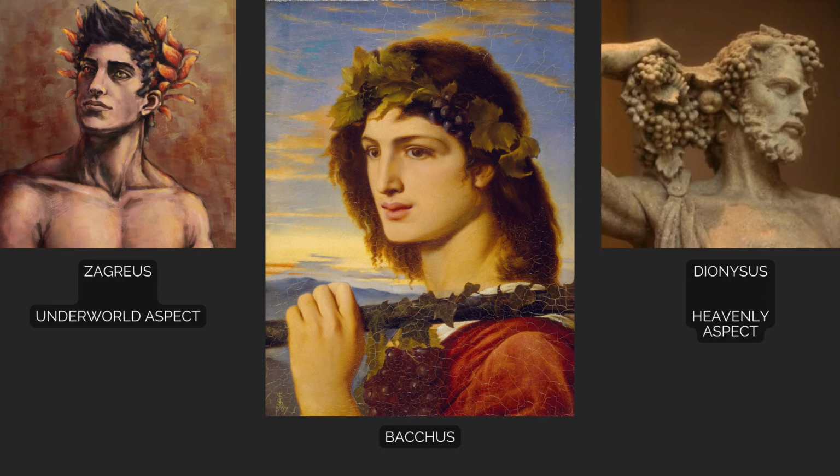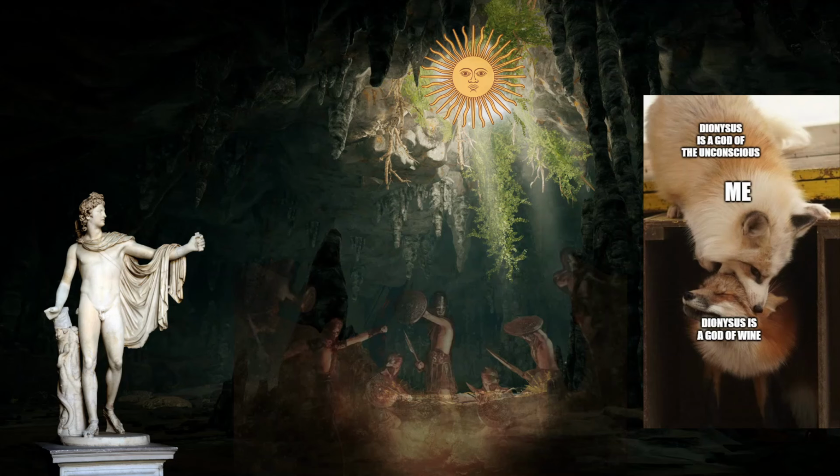Different metaphors for the same idea. And from a Jungian lens, Apollo at first can be seen as the persona, the part of an individual that interacts with the external world and adheres to societal norms and expectations.